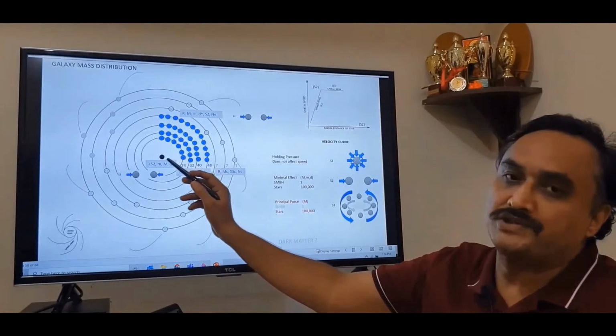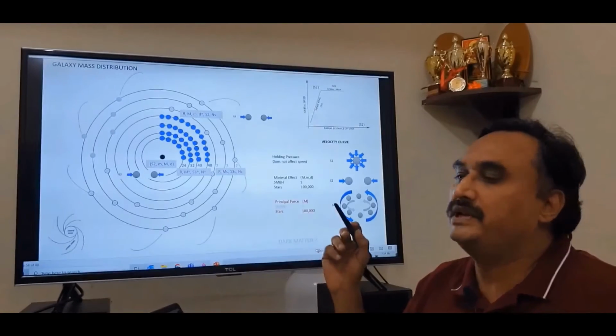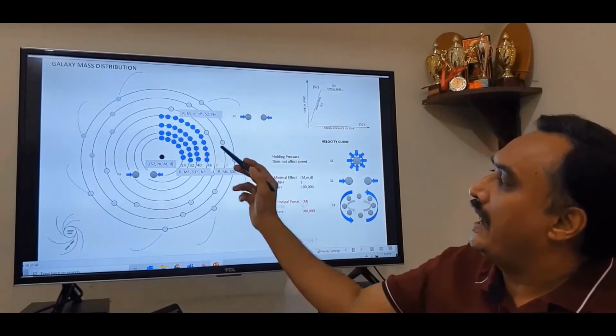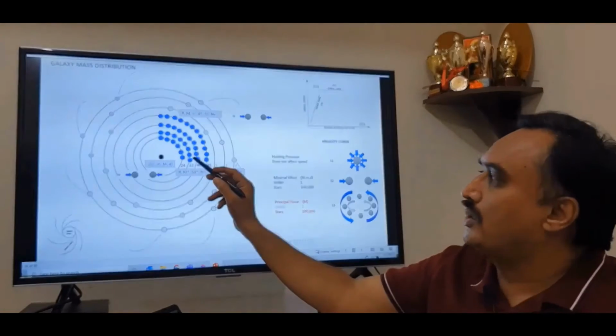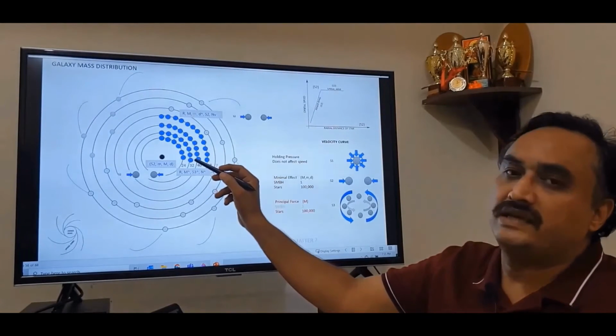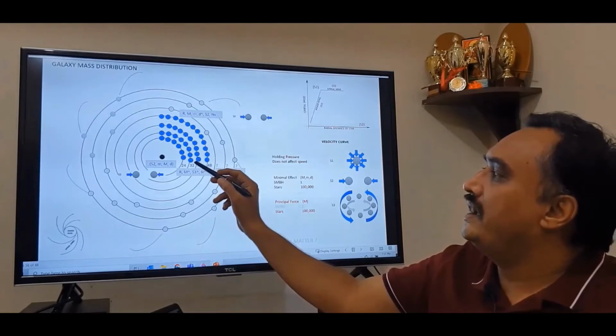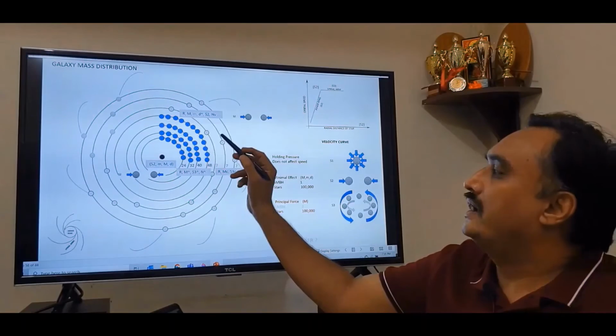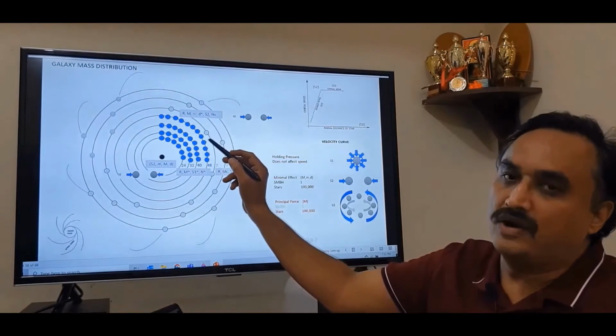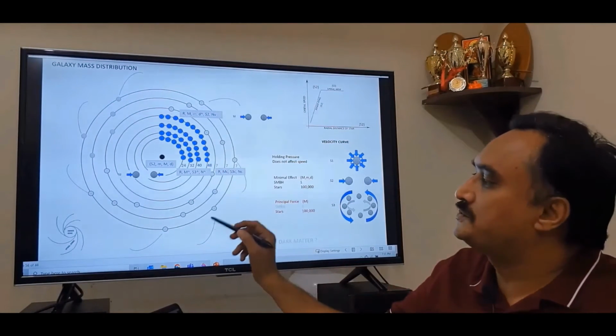You have a supermassive black hole which weighs as much as 40 million suns, and then you have an inner ring wherein the blue dots represent the stars forming the inner ring, and the gray dots are the ones which are forming the spiral arms.